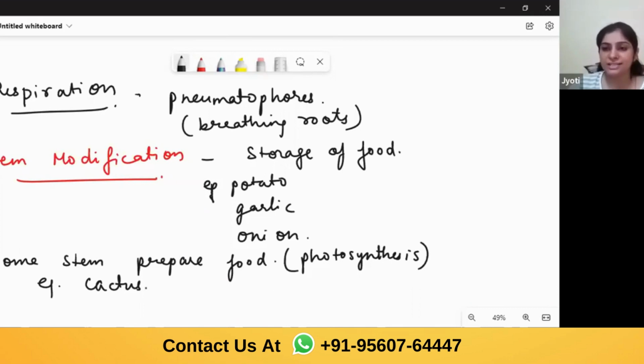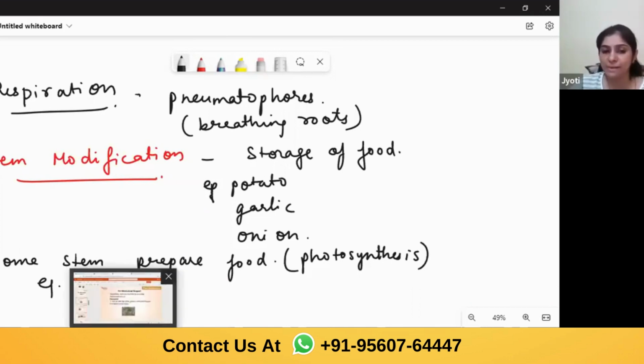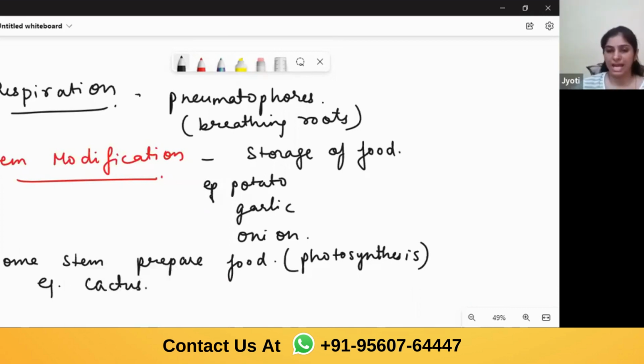So there the stem photosynthesizes or stem prepares the food, as it is green in color. Write down this, it is important part.